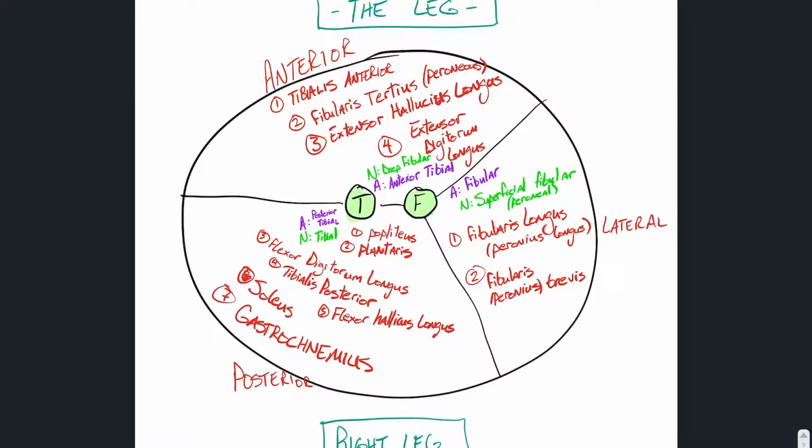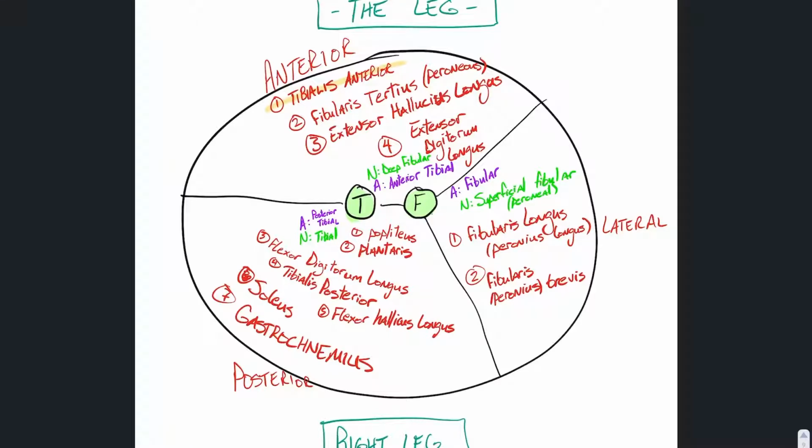Let's talk anterior first. In the anterior, we have 4 main muscles. The most superficial, closest to the surface, would be the tibialis anterior.